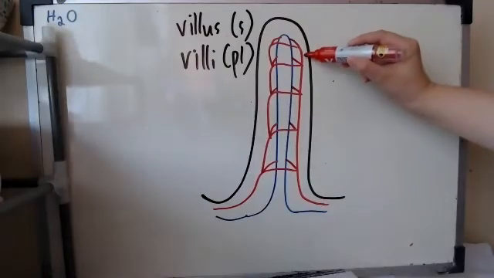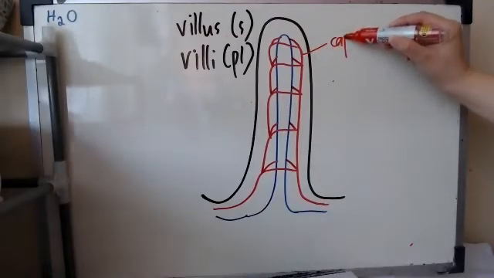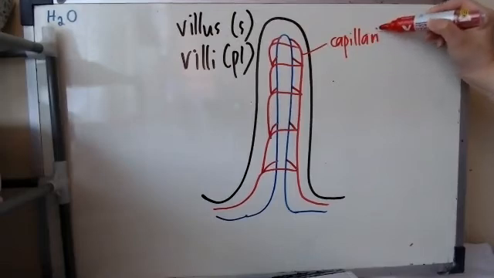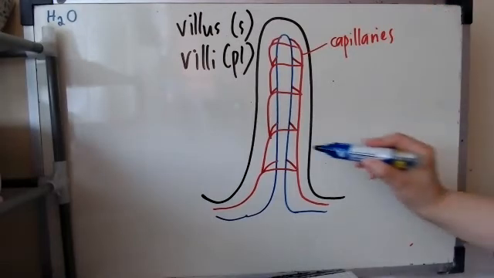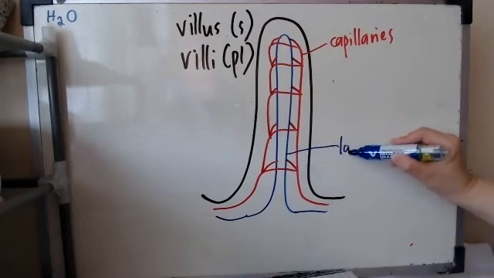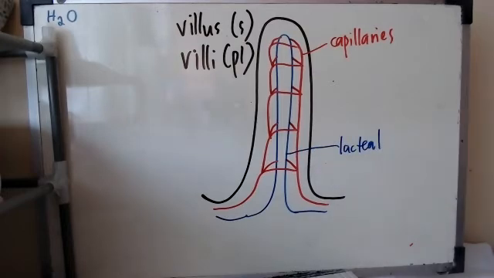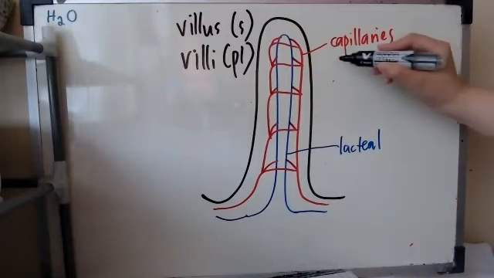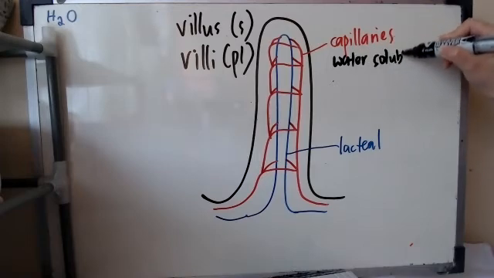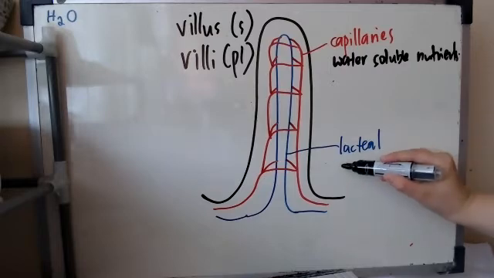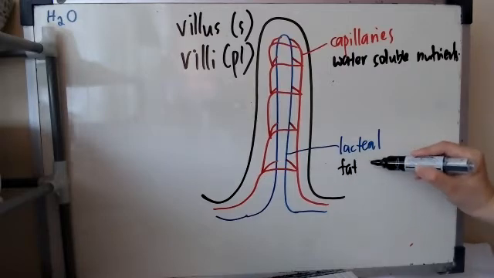So this red thingy is your capillaries. This blue thingy here is your lacteal. Capillaries are blood vessels. These capillaries will absorb water-soluble nutrients, while the lacteal will absorb fat-soluble nutrients.